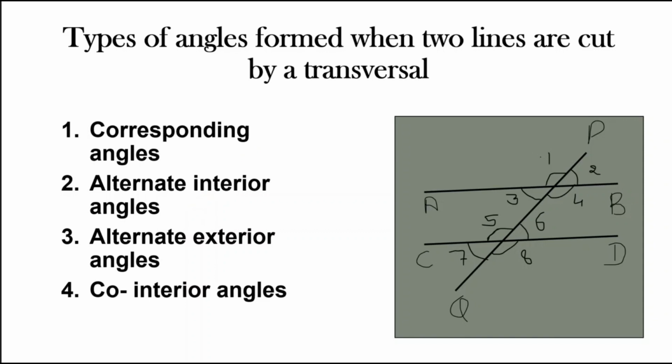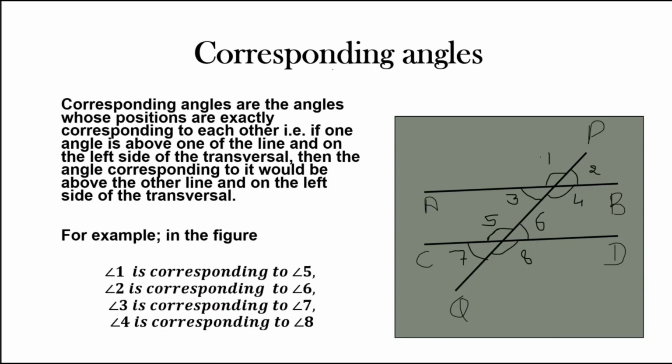So here it is. Corresponding angles, the first one. Corresponding angles, as the name itself suggests, are the angles whose positions exactly correspond to each other. What I mean is, for example, if I have to tell which angle is corresponding to angle 1, corresponding means if one angle is above one of the lines, as you can see, angle 1 is above line AB, right?